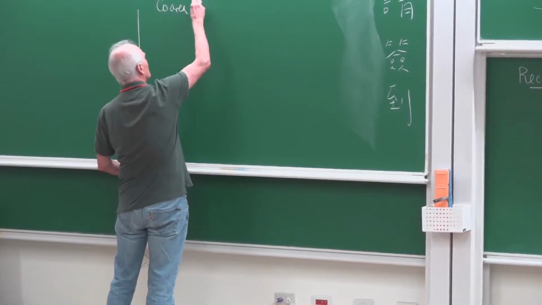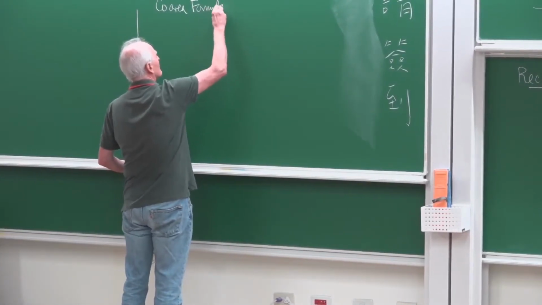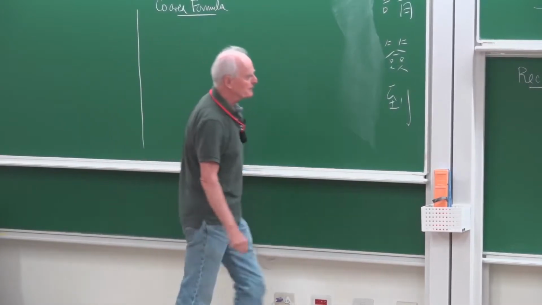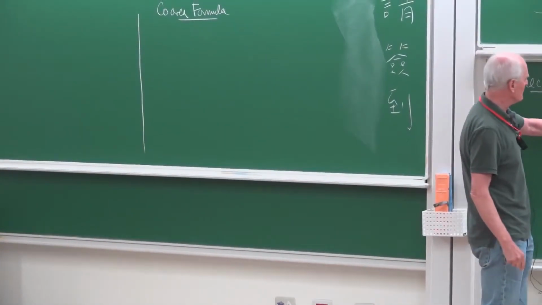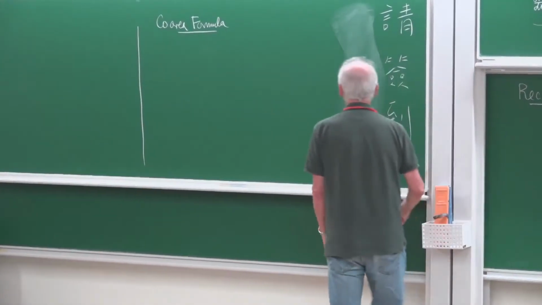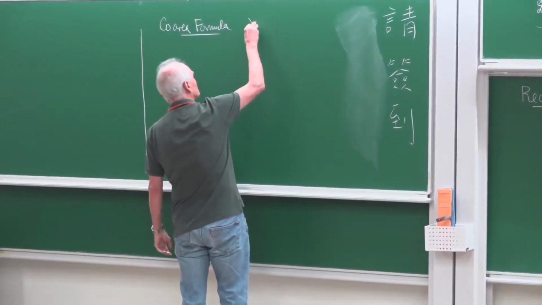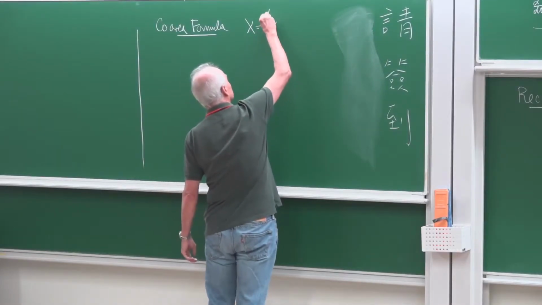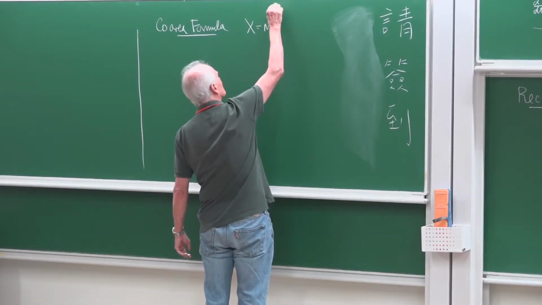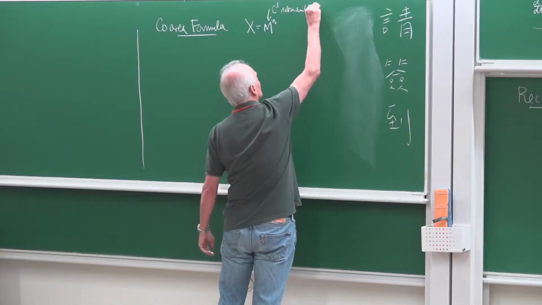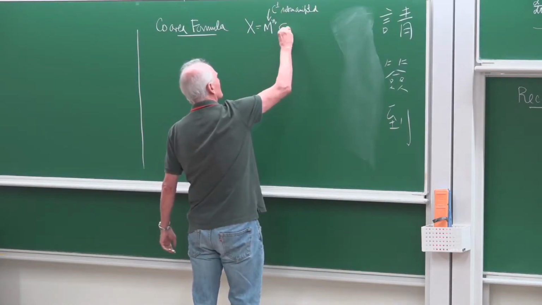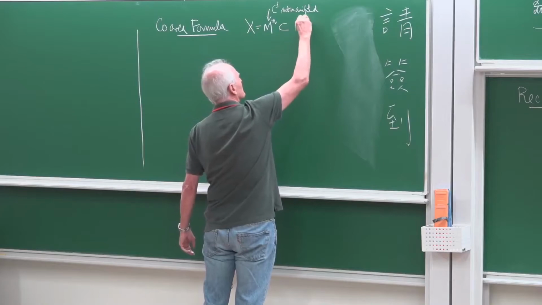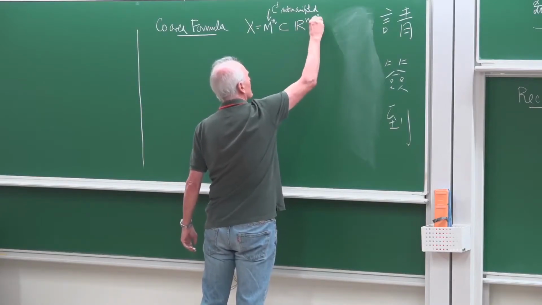The co-area formula refers to the case when X is R^n, or rather more generally, X is an n-dimensional manifold, a C^1 submanifold contained in some higher dimensional Euclidean space, let's say R^(n+L).